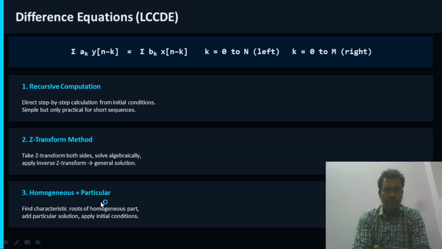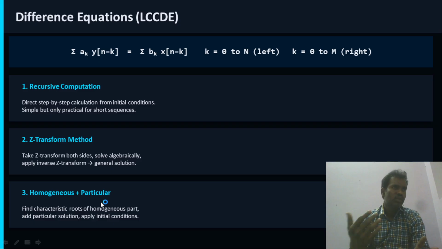Zero input response means that without applying any input, the system may contain some output. That is called the zero input response, determined by the initial values. Zero state response means we assume that initially it does not have any output. Only when input is applied will it generate output.